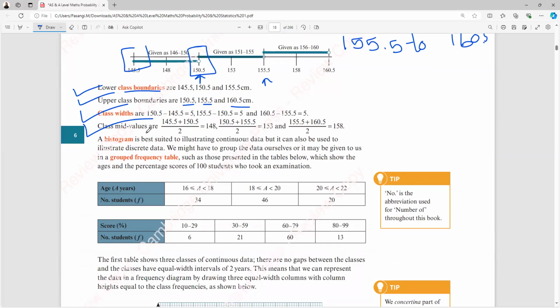It's clear up to this point, right? A histogram is best suited to illustrating continuous data, but it can also be used to illustrate discrete data as well. If it's continuous data, and we properly make our class intervals, then we can properly draw the histogram.